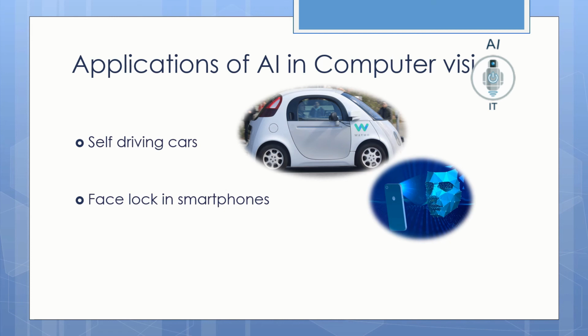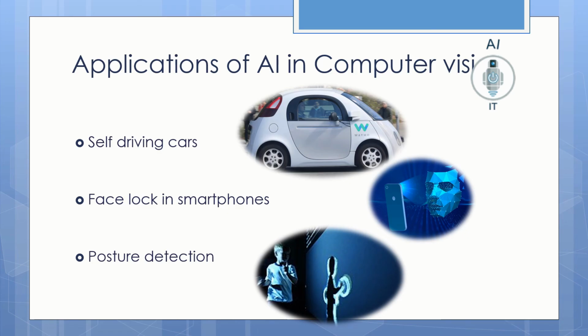Yes, one can set up his or her own face for locking and unlocking the phone. The front camera will capture the face and save the features, which is later matched whenever we try to unlock the phone. Got it? One more application is the human posture detection. This also makes use of computer vision.